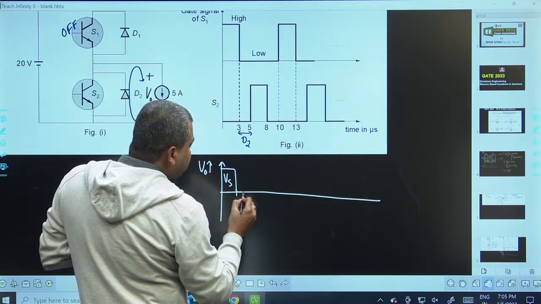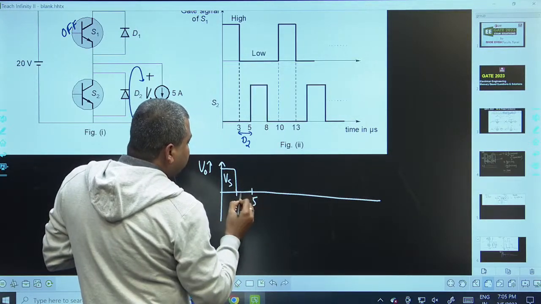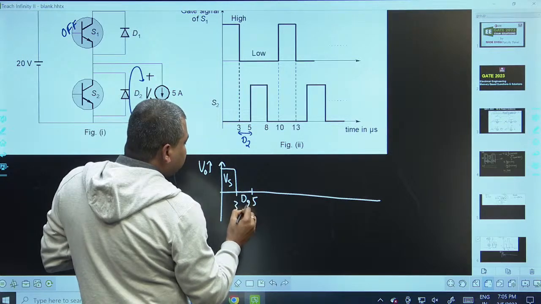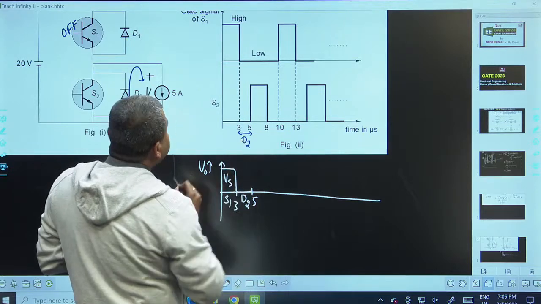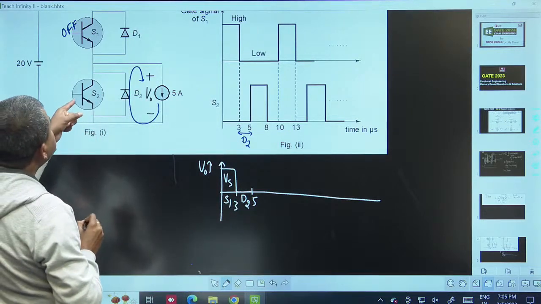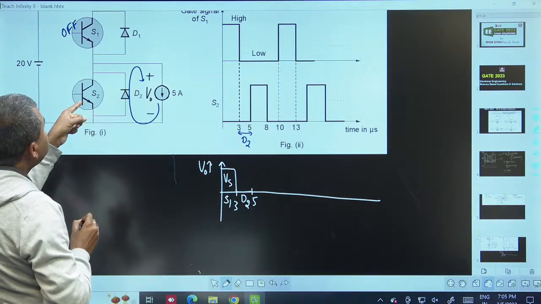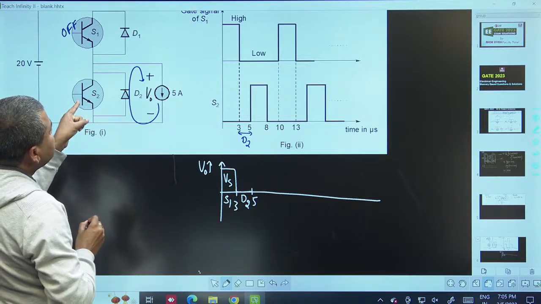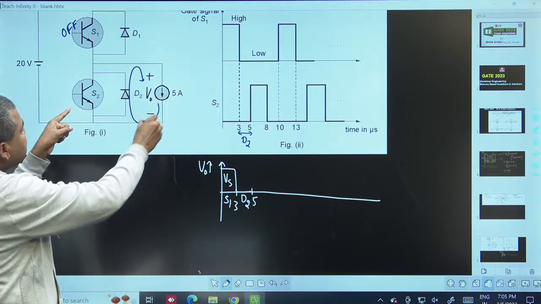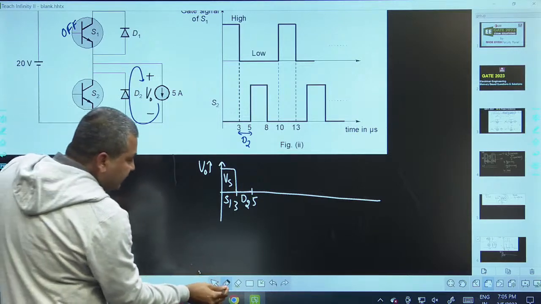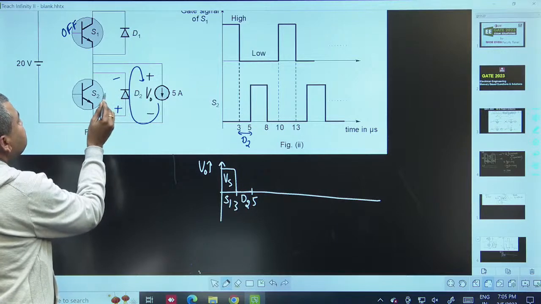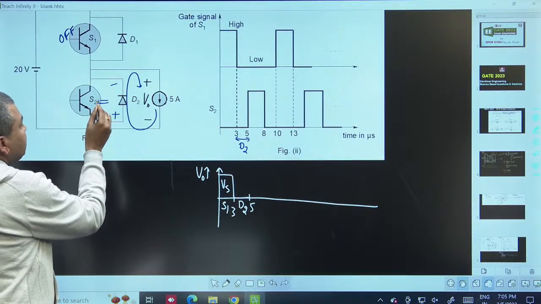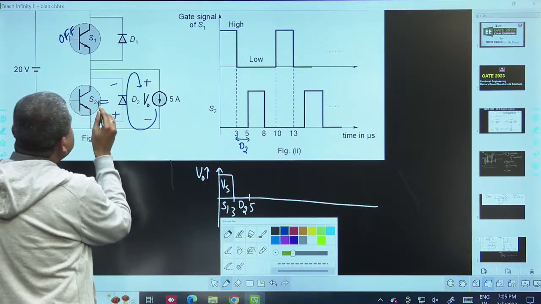So up to 5 microseconds, D2 is conducting. Then next, from 5 to 8, the gate signal is given for S2. See here, even though the gate signal is given, since the current is in this direction, the voltage drop of D2, which is already conducting, will reverse bias S2.